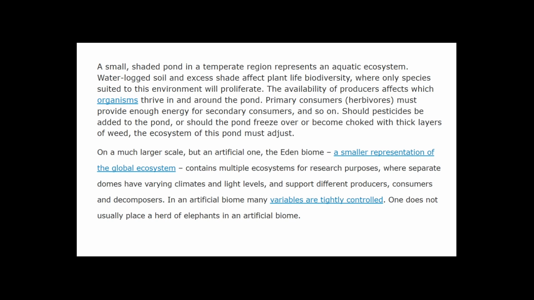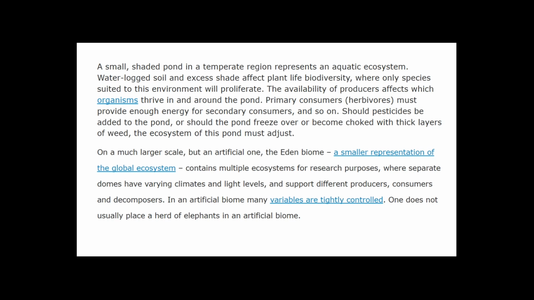Primary consumers, which are herbivores, must provide enough energy for secondary consumers and so on. Should pesticides be added to the pond, or the water freeze over and become choked with thick layers of weed, the ecosystem of this pond must adjust. And ecosystems are adjusting all the time due to changes in the surroundings.